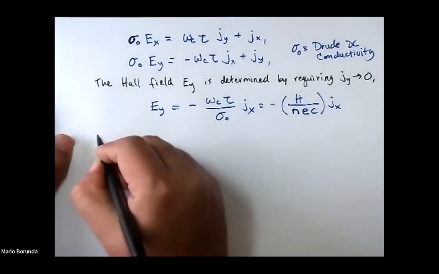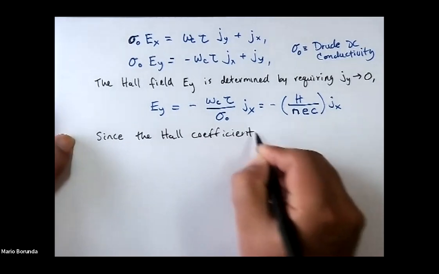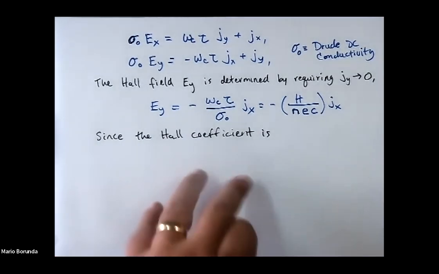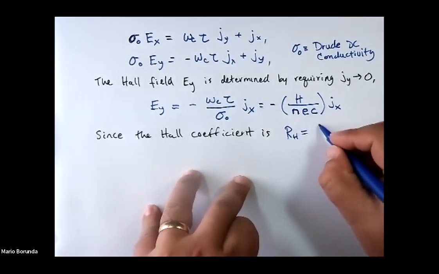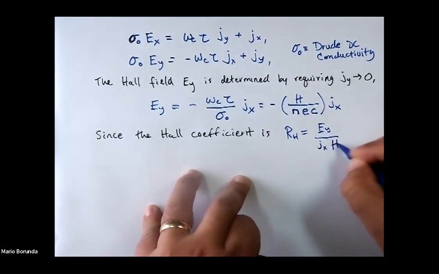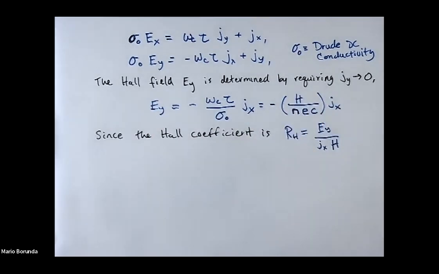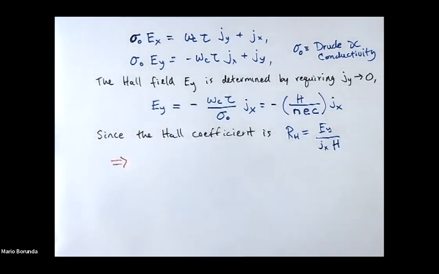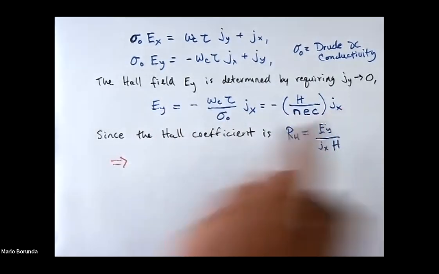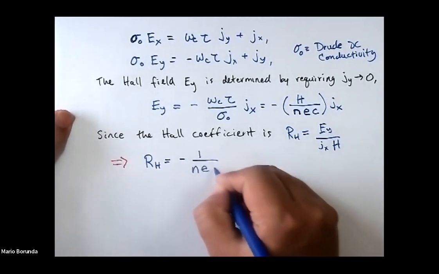Since the Hall coefficient is, and this is the formula from before, given as the ratio between the transverse field and this current times H, if I do this with this, then knowing this formula and this formula, now I have that the Hall coefficient is equal to this value.